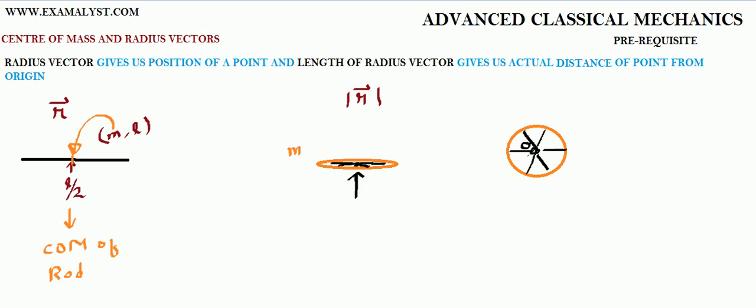So amazingly, the center of mass of the ring, the place where the entire mass of the ring is concentrated, is at the center of the ring. And the center of the ring is not on the ring, but somewhere outside it. That is, the center of mass of the ring is outside the ring. Interesting, right?